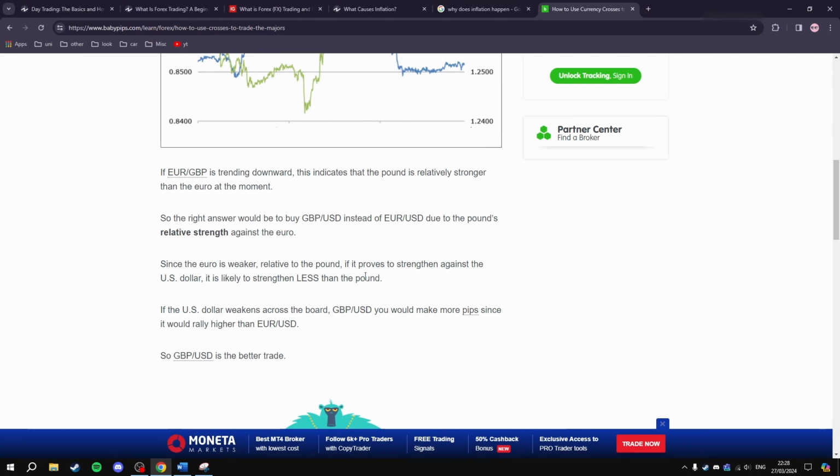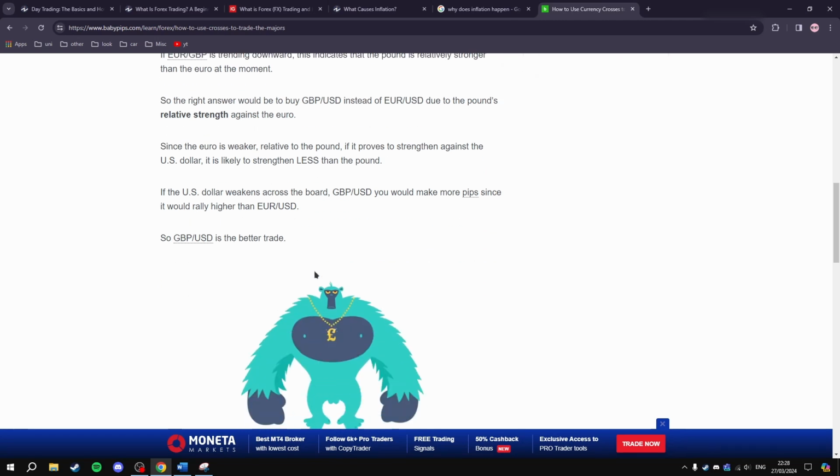Only because GBP is stronger than euro. But so what? Why would you buy GBP/USD instead of EUR/USD though? Since the euro is weaker relative to the pound, if it proves to strengthen against the US dollar, it is likely to strengthen less than the pound, because the pound is still stronger than the euro.